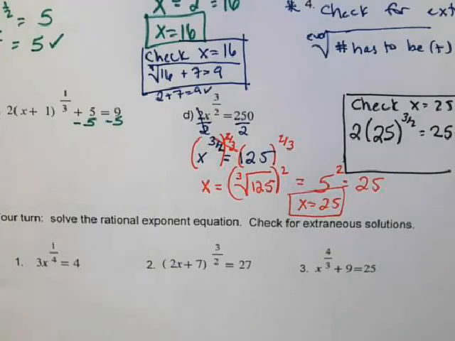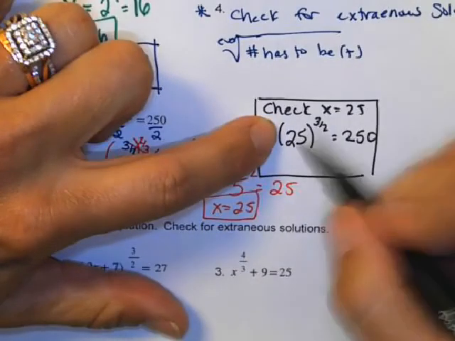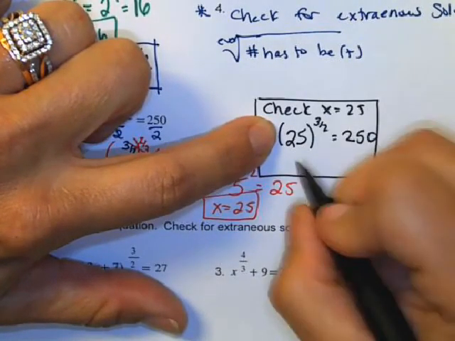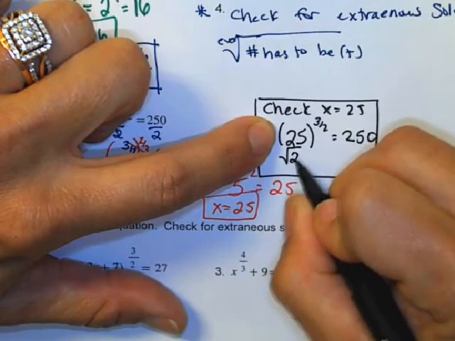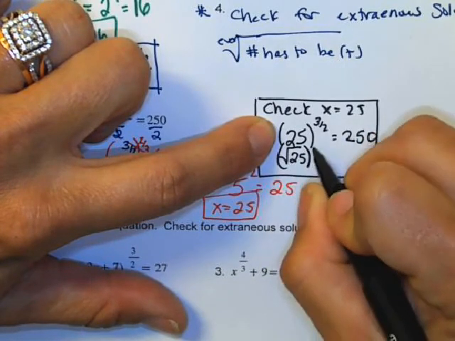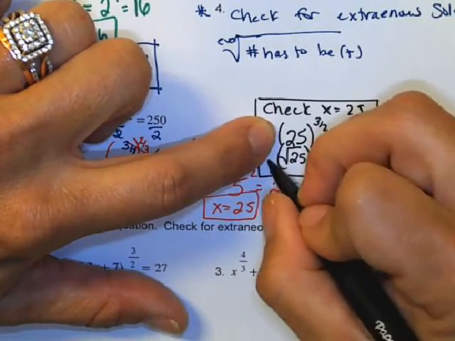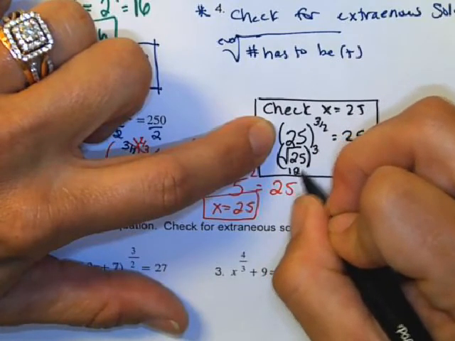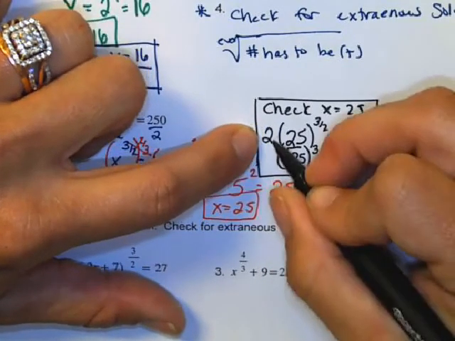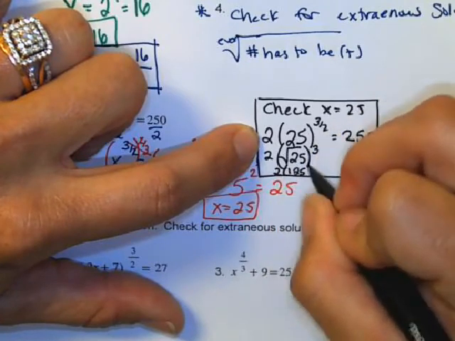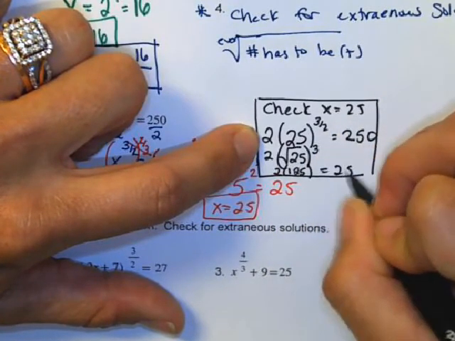So parentheses. I'm going to evaluate 25 to the 3/2 power. Square root of 25 is 5 and 5 cubed. 5 cubed is 125. There's a 2 out front, so I'm going to multiply by 2. 2 times 125 is 250.